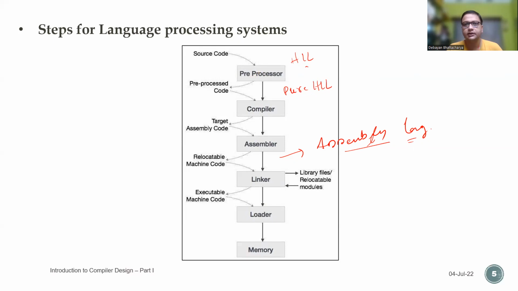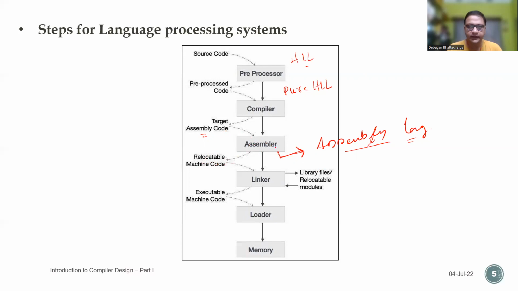If we take the example of the C language, the compiler takes that pure high level language as input and generates assembly code. The assembler takes the assembly code and generates relocatable machine code. The assembly code is normally written in assembly level language, which is a combination of high level language and low level language.